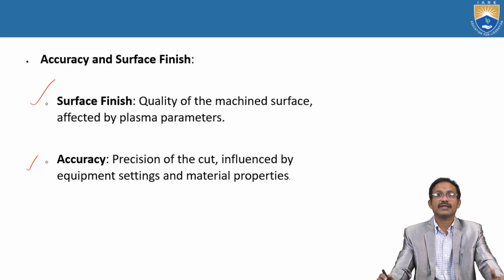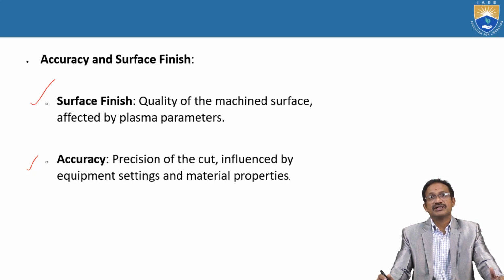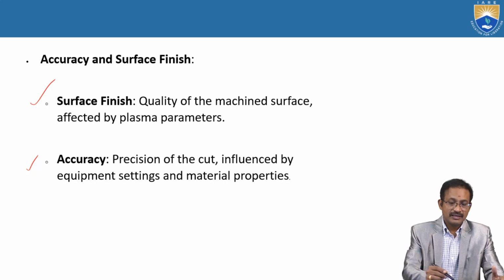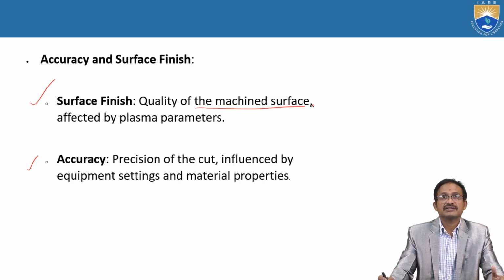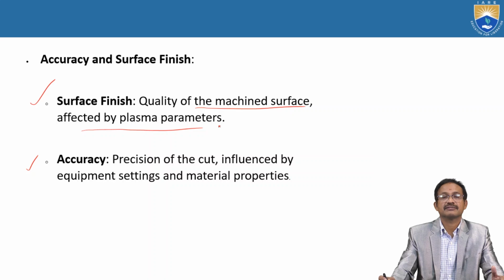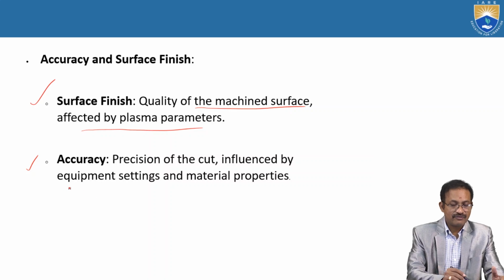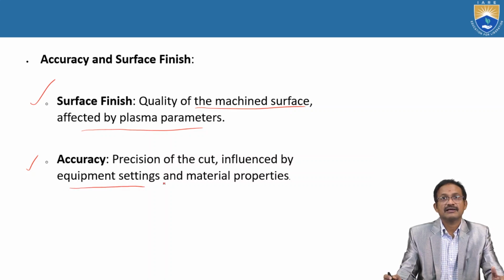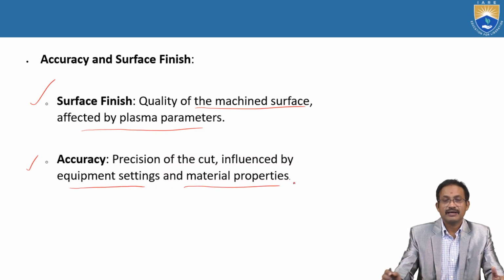Surface finish: the quality of the machined surface is affected by plasma parameters. Accuracy: the precision of the cut is influenced by equipment settings and material properties. Let me reiterate.